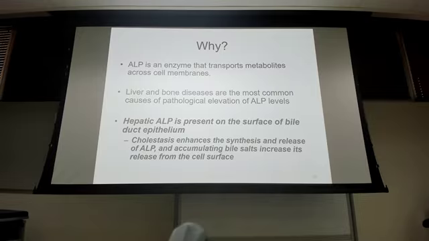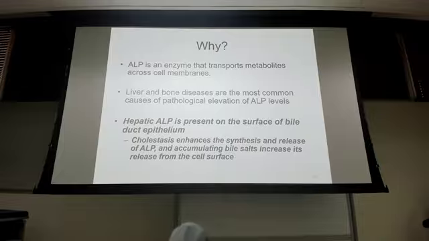So why? Because alkaline phos is produced in bile duct epithelial cells, right? So any obstruction or blockage of the flow of bile is going to cause ALP production to increase. So an obstruction or cholestasis.